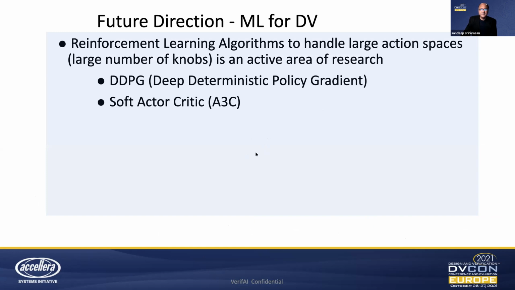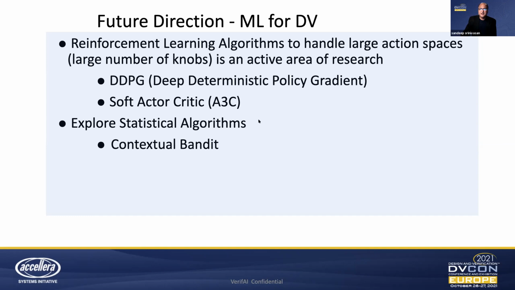This is an active area of research, and some very promising algorithms are DDPG, Deep Deterministic Policy Gradient, and Soft Actor Critic, as well as a particular algorithm called A3C, which can handle large action spaces. We're also exploring statistical algorithms such as contextual bandit and bandit algorithms.